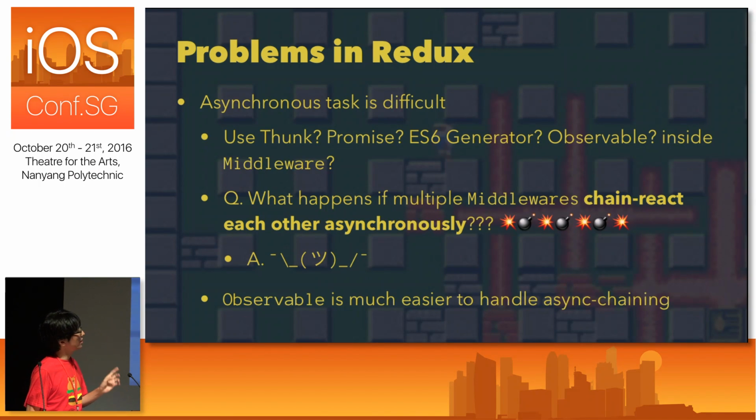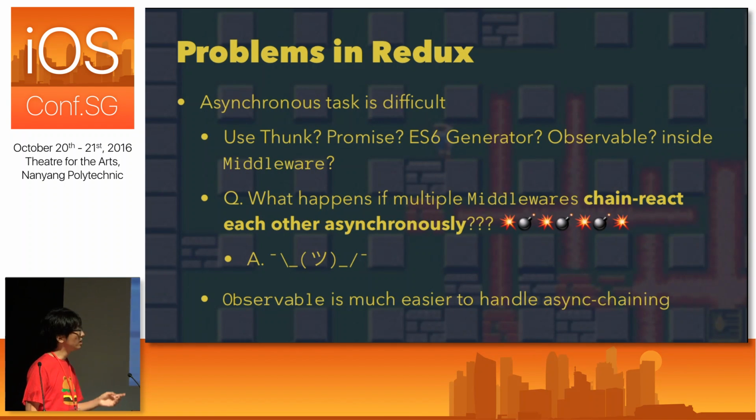If you dig into this more carefully, Redux basically has difficulty with asynchronous tasks. There's a workaround, such as action creators or using middleware. For middleware, there are some implementations like Redux Thunk, Redux Promise, ES6 generators, or observables, but they all have problems.